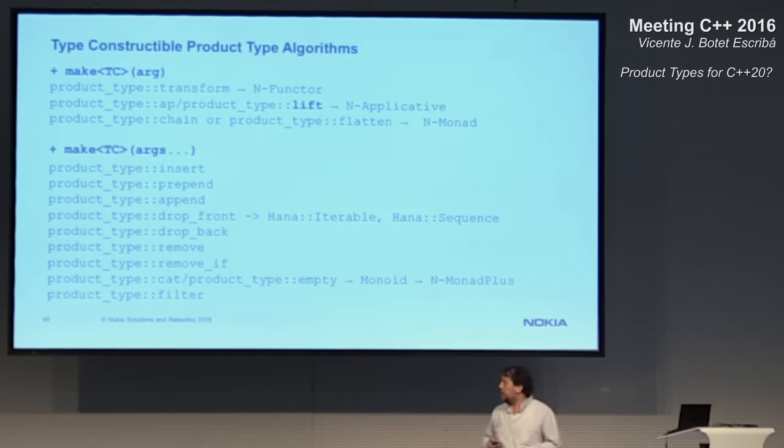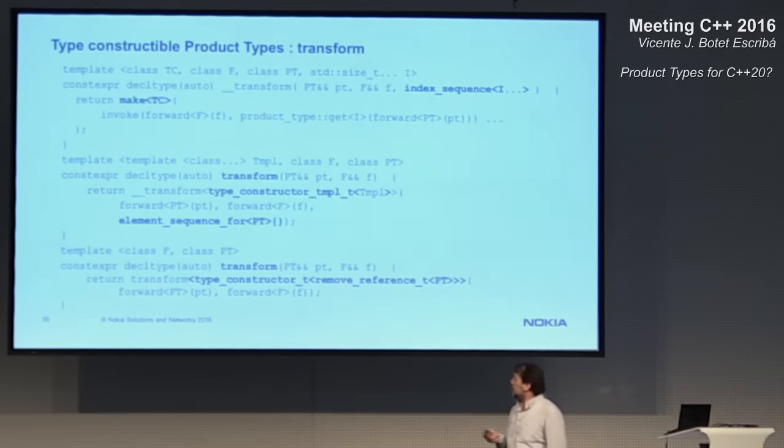Then we see that with not too many things, we are getting a lot of algorithms that work with product types. And last, if we also have a monoid, then this is a structure that is very rich.